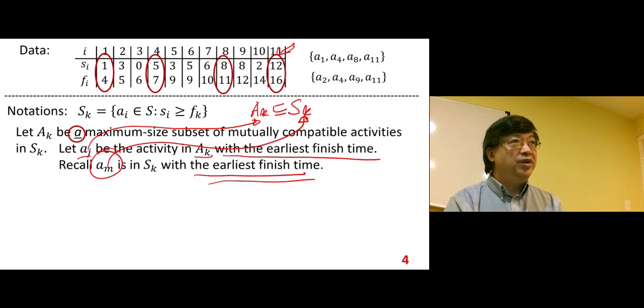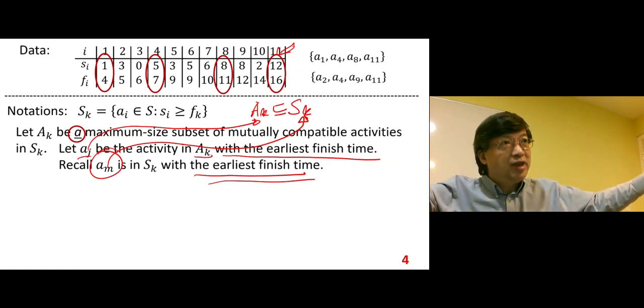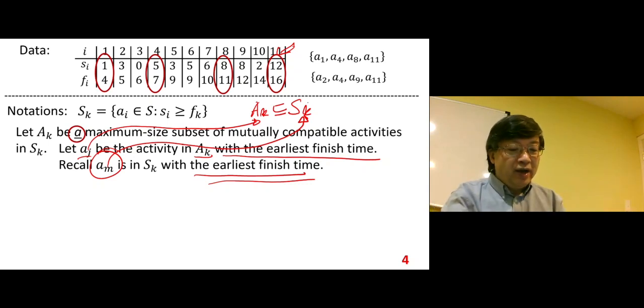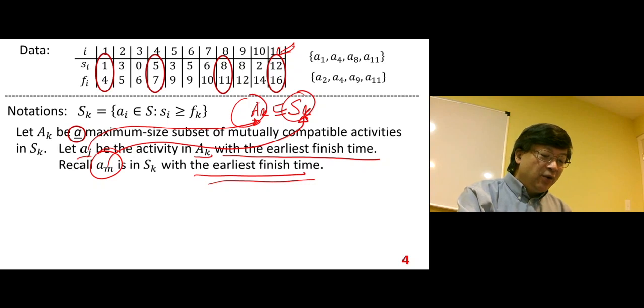Because when you find AM, you look at a larger set, SK containing AK. So here we can get one thing.